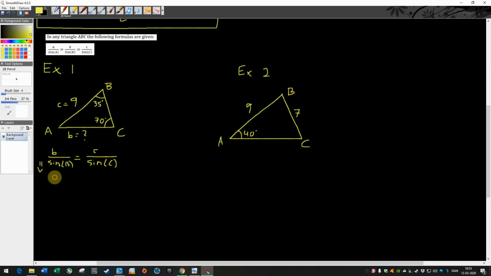So b, this is our unknown, over sine of 35 degrees, must be equal to c, which is 9, divided by sine of 70.